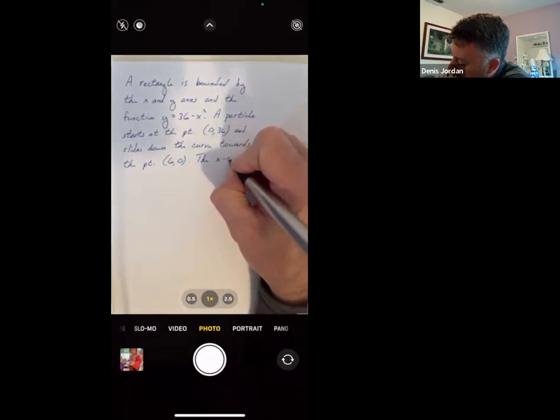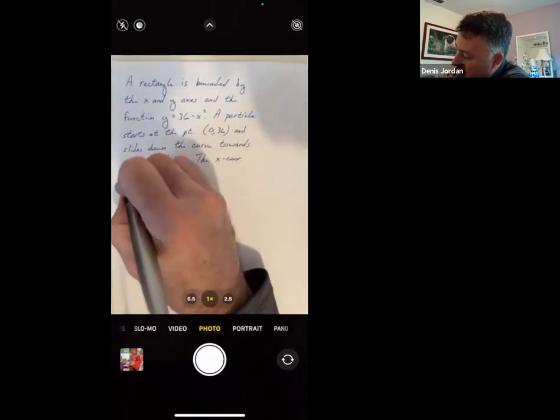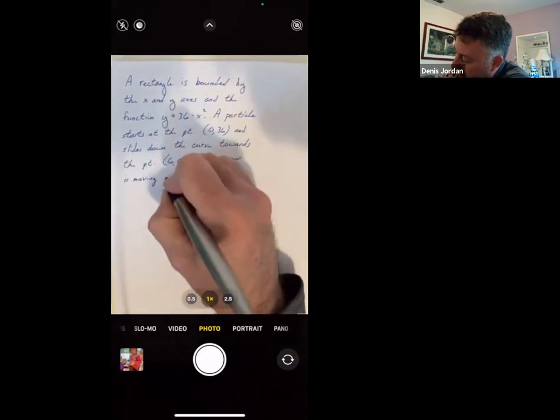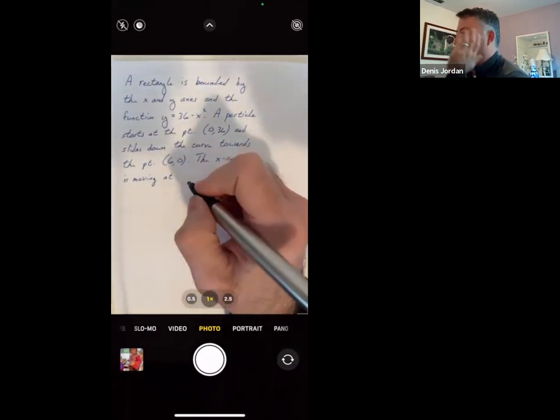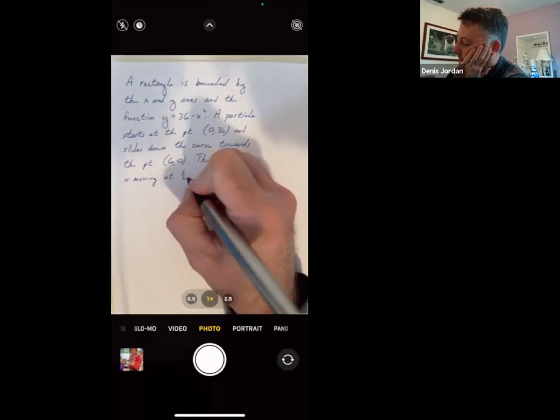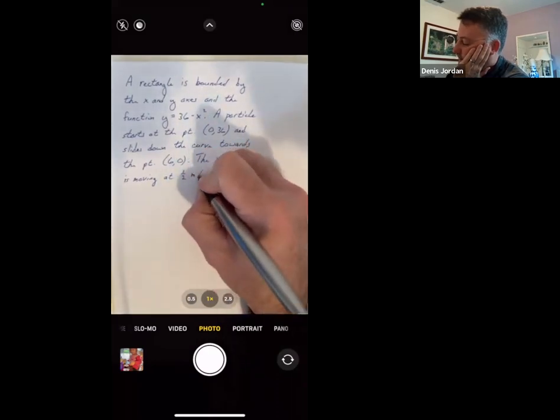So the x coordinate is moving at, we'll make it kind of interesting, 1/2 meters per second.